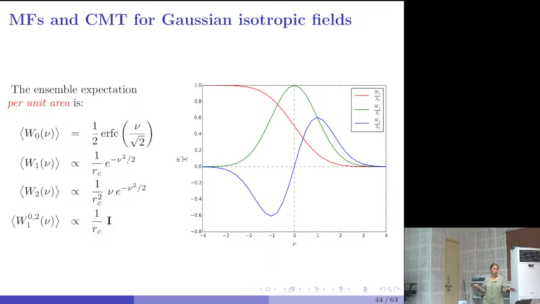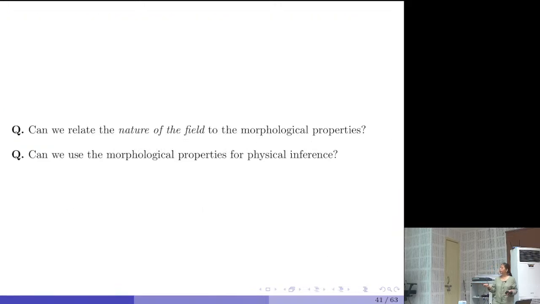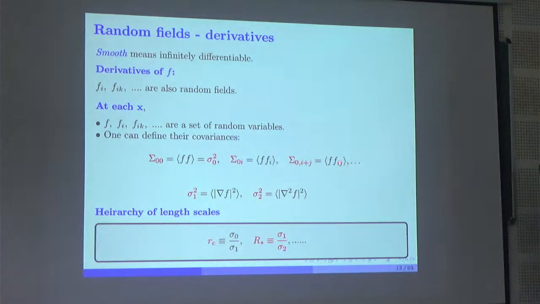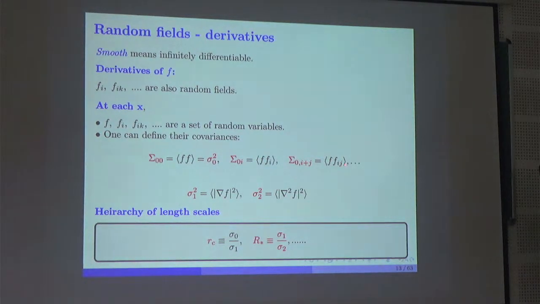Sigma 0 is the standard deviation of the field, and 0i is F and Fi, and this is the covariance between the two first derivatives.